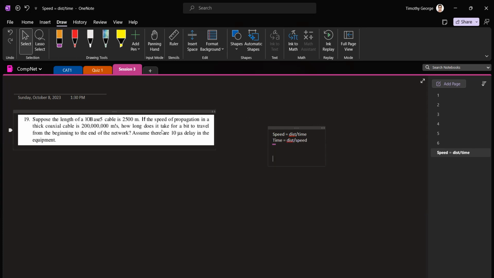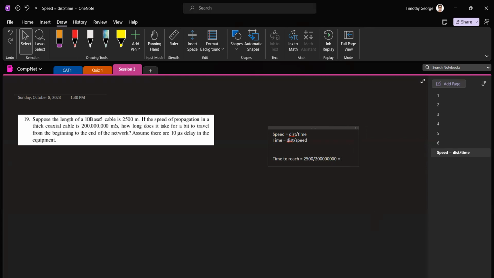And so the question is how long does it take for a bit to travel from beginning to end? You just have to do the division between these two. So the time to reach would be 2,500 divided by 2 times 10 to the 8.